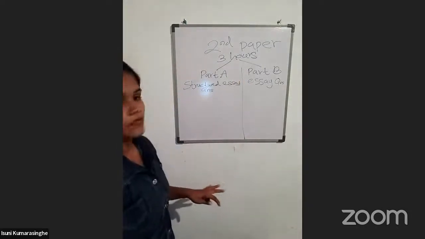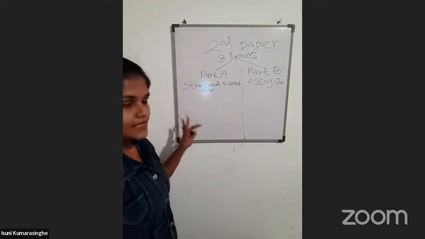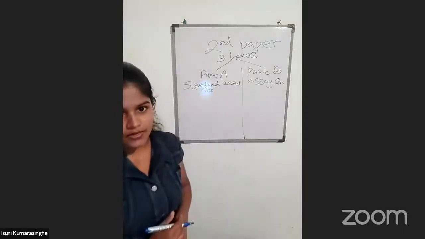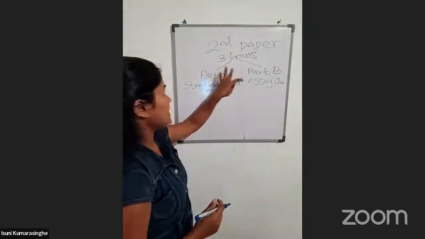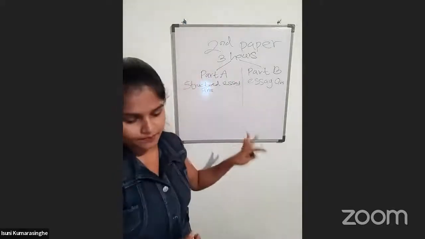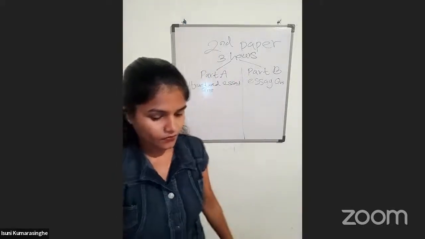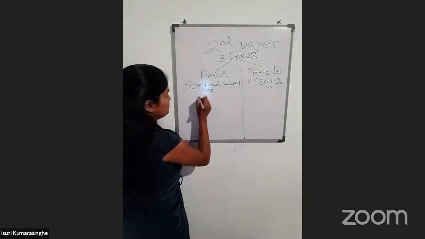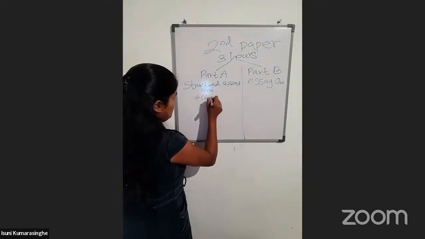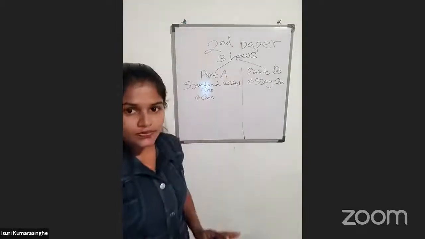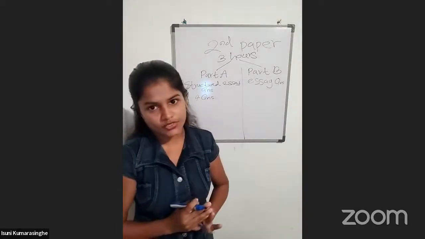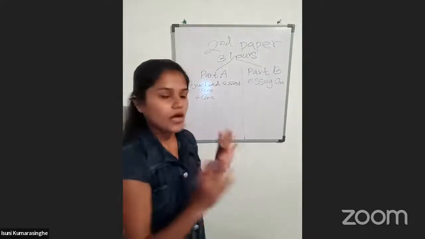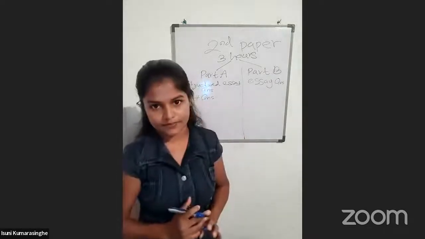Then we'll see how you can cover the structured essay part, that means second paper, part A. Here you are given 4 questions. You have to answer all 4 questions. You cannot choose or select.